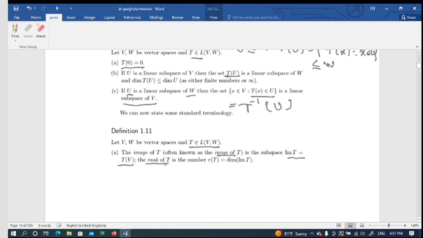The rank of T equals the dimension of the image. Dimension of the image is a number. For example, we say that this is 5-dimensional or 10-dimensional. Dimension of the image of T is a number, and we call this number the rank of T. So range of T or image of T is a subspace, but rank of T is a number.